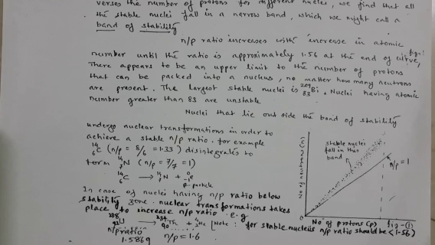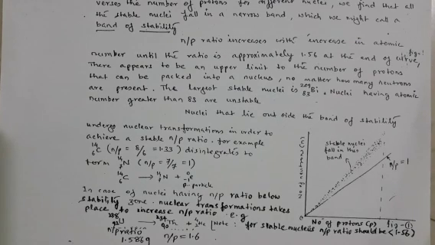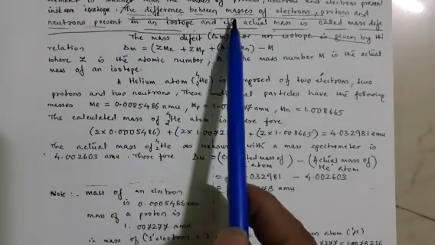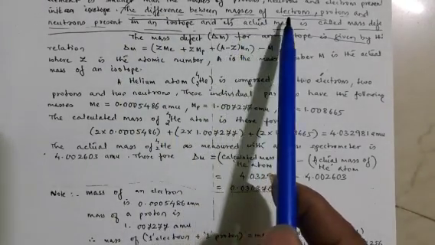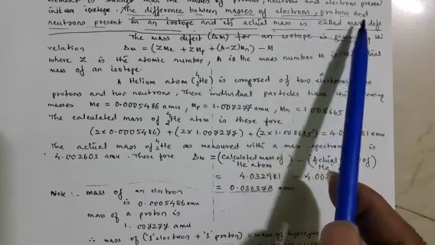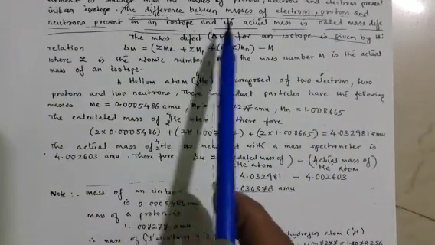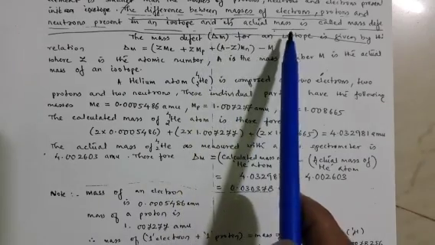Next, let us discuss one more factor responsible for the stability of the nucleus, which is the mass defect. The mass defect can be defined as the difference between the masses of electrons, protons and neutrons present in an isotope, and its actual mass.